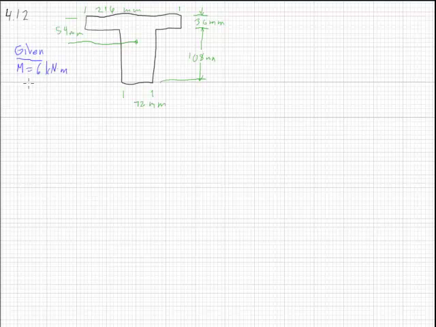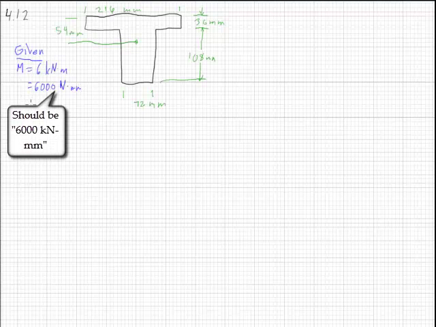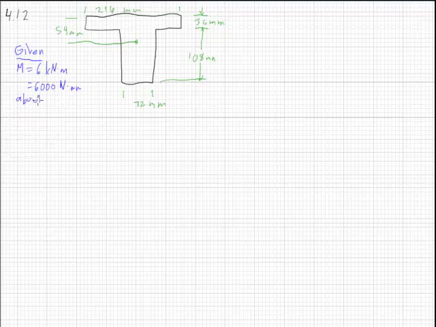Since everything else is in millimeters, I'm going to do the same here, multiplying by 1,000 millimeters over a meter, so I've got 6,000 Newton millimeters. And this moment is about the x-axis.